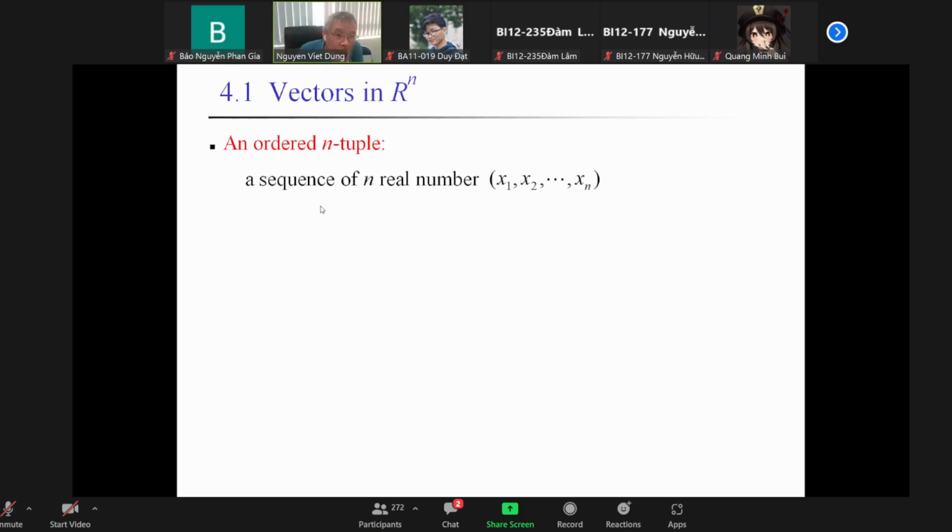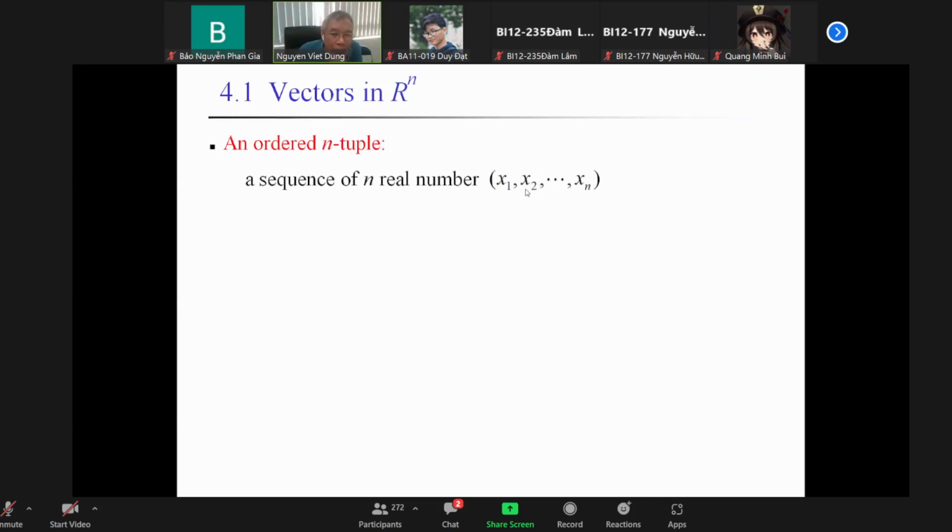We consider a sequence of n real numbers like that, x1, x2 up to xn. You put them together, and I call it an ordered n-tuple. Ordered means you cannot exchange.